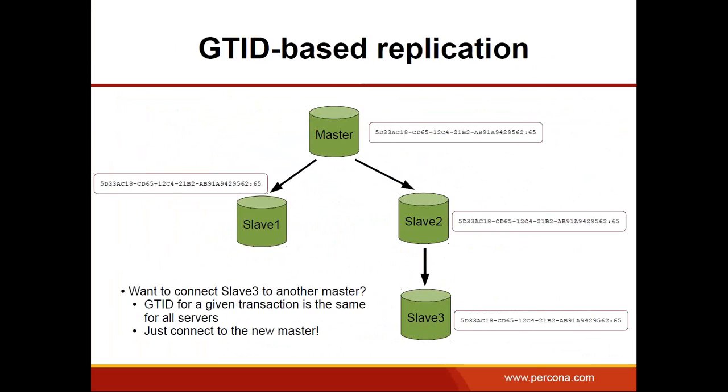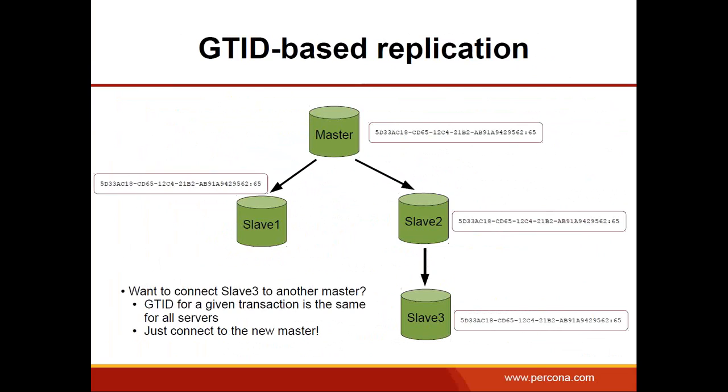So now let's have a diagram of the same replication topology, but using global transaction IDs. This time, if we look at one specific event on the master and on slave 1 and on slave 2 and on slave 3, they will have exactly the same identifier.